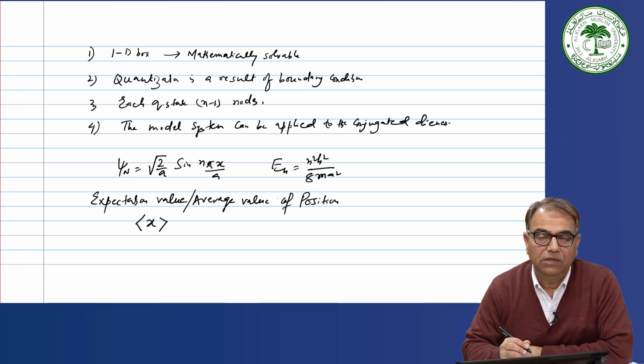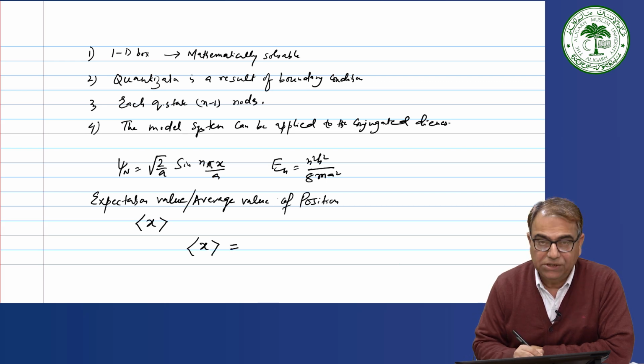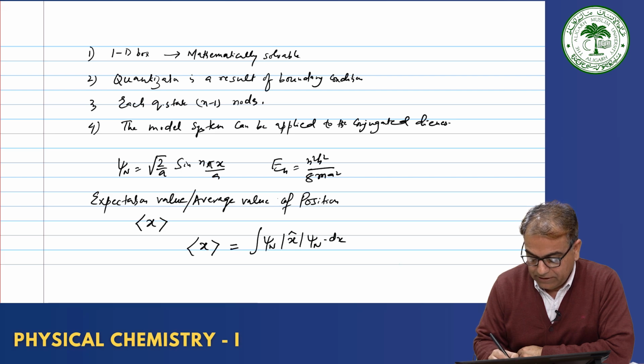And I told you in the fourth postulate about the expectation value. And how do we determine the operator for position? The operator for position is simply multiplying by the position. So you write psi n, then the operator for position, then psi n dx, and the limit is from 0 to a.